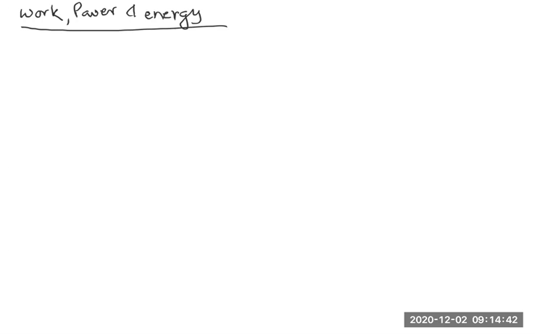So we developed the concepts of position vector, distance, displacement, velocity, average velocity, instantaneous velocity, acceleration, and average acceleration. Right. So we developed all these concepts to describe the motion of a point particle.